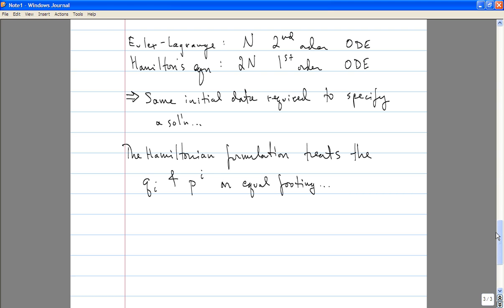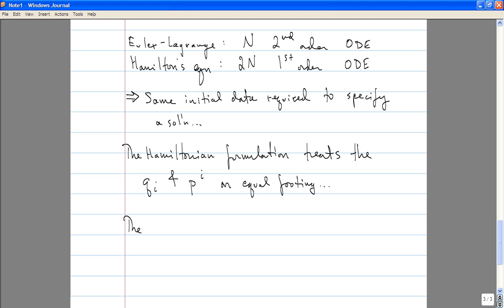So let me first start with the definition. We're used to thinking of the qi's as living in some sort of configuration space, which is some sort of n-dimensional space that describes the possible set of states of the system.